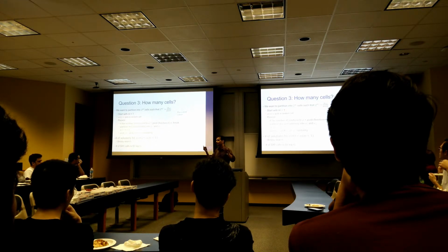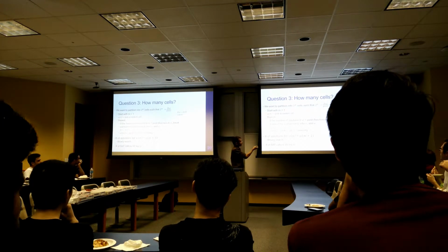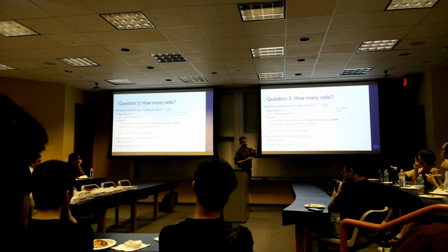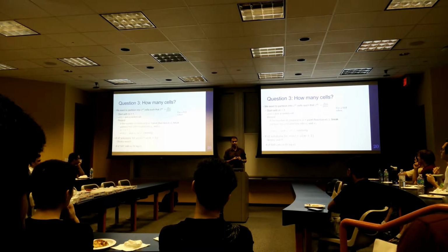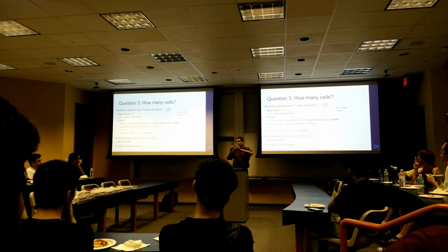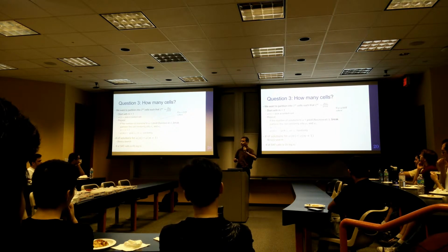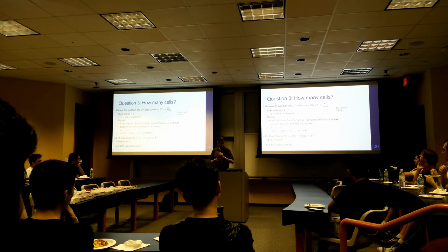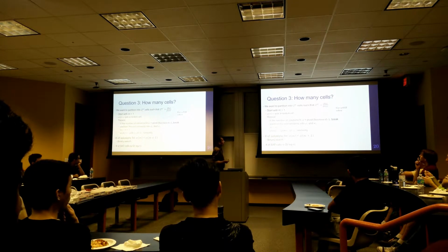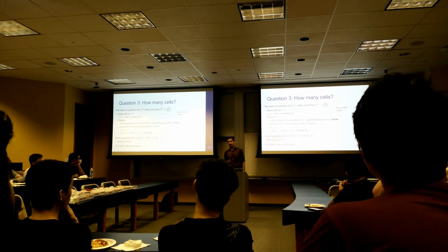So if we find pivot plus one solutions, we know that the number of solutions is greater than pivot. In that case, we break out of the loop, and that is our desired number of cells. Otherwise, we partition the cell randomly. The cell that we pick right now, we partition into two and choose one of the two cells. And we repeat the whole process until we break out of the loop.